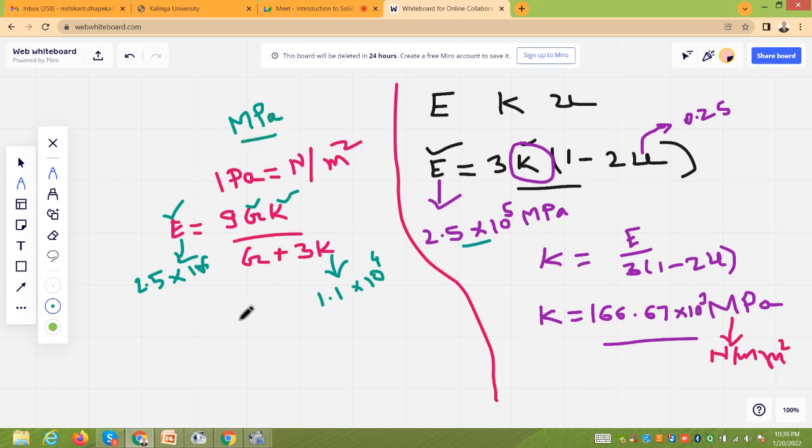Then please calculate the value of modulus of rigidity. Obviously, that value will also be in megapascal. So can you please calculate now?